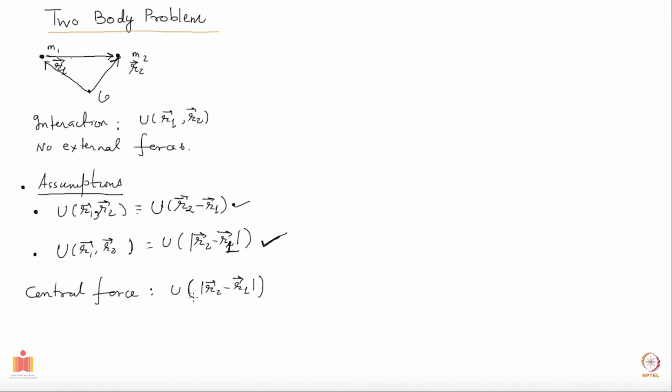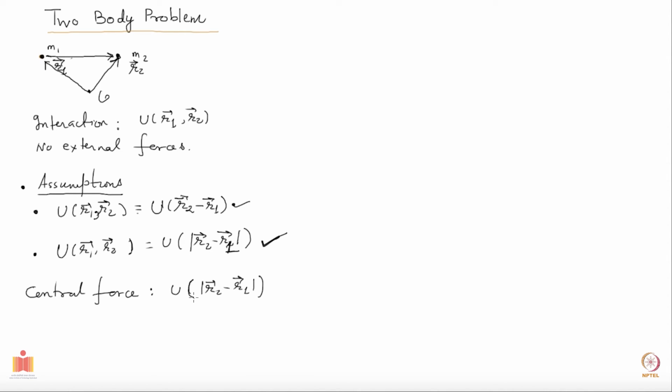Now we would like to solve this system, and this system is solvable. We will see that we'll be able to find the full solution. But at the moment, the goal is to figure out as much as we can about the system without specifying anything about the potential other than what we have already said. I do not want to assume any special form for the potential, that it falls off this way or that way.